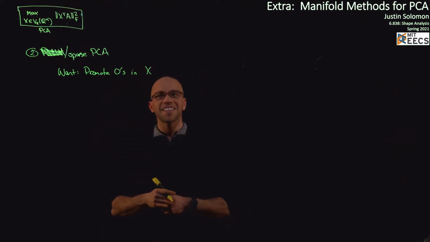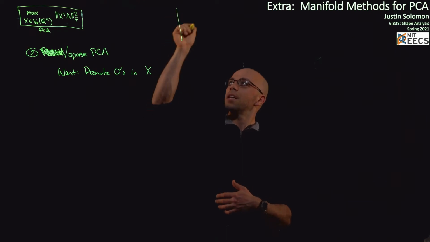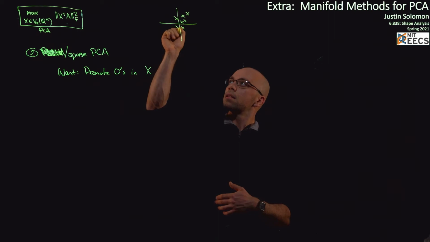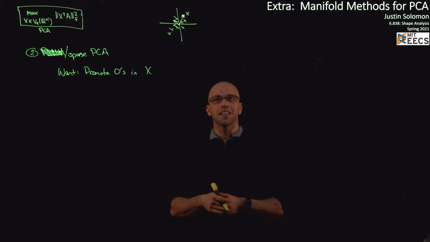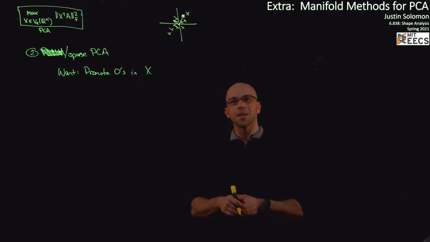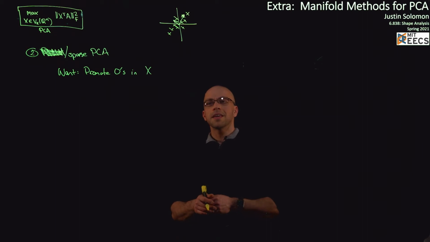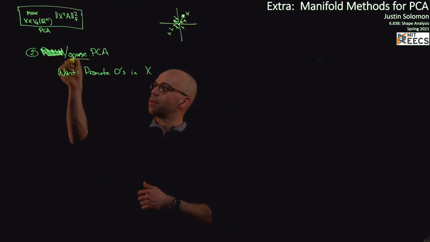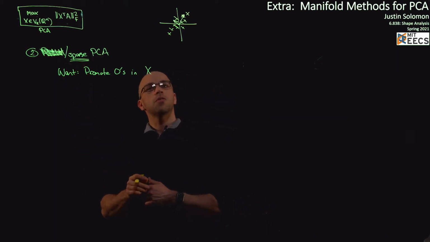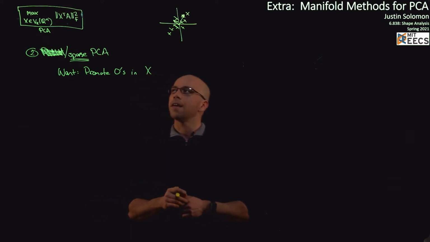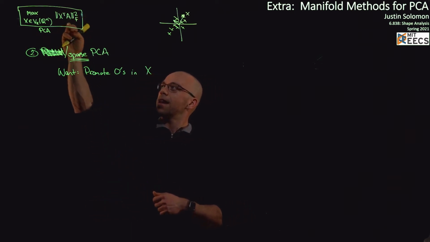Remember that X, like if I have a bunch of data points in A, then essentially I can think of X as sort of the axes along which A is varying, right? That's what principal component analysis is doing. So one thing that you might want in sparse principal component analysis is that you have this additional assumption that there are some dimensions in A that are irrelevant.